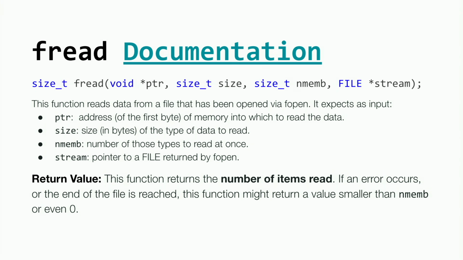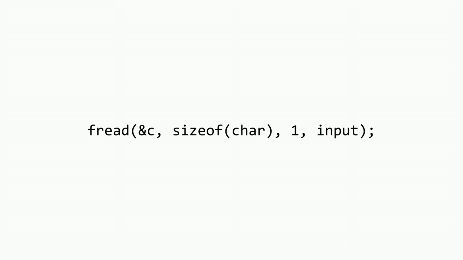So it's some address of a byte of memory, and that's where we're saying, okay, you're going to be reading from something, you should read it into this piece of memory. Then the next one is size, and so that tells us the size in bytes of the type of data to read. In this example we wanted sizeof a character.